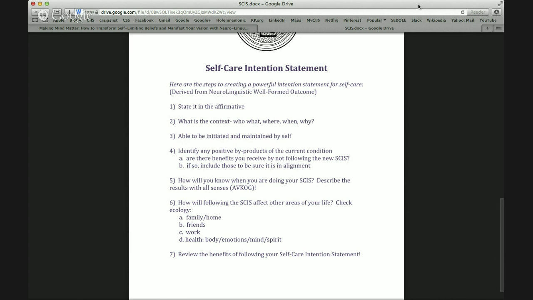We also might want to check in with different environments where we'll be changing. So like I said, home environment, work environment, different places, our communities, places that we come into contact with others. So it's really important to be aware of the ecology and to notice how that's changing.